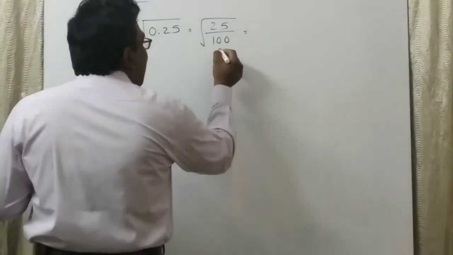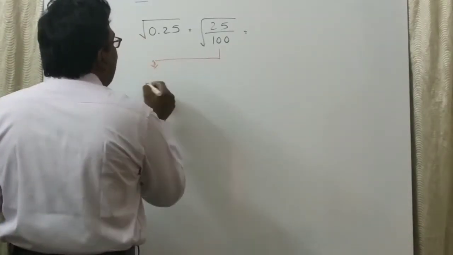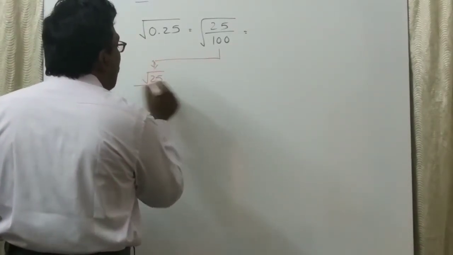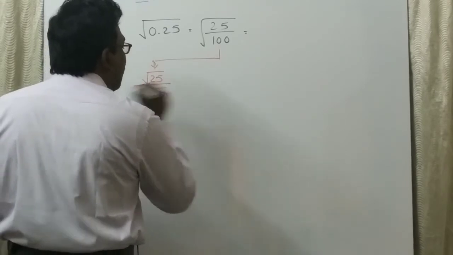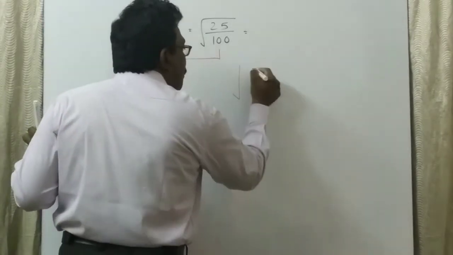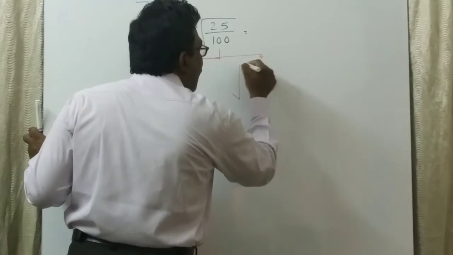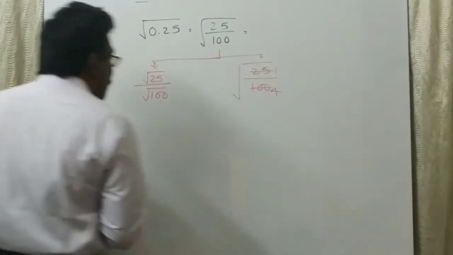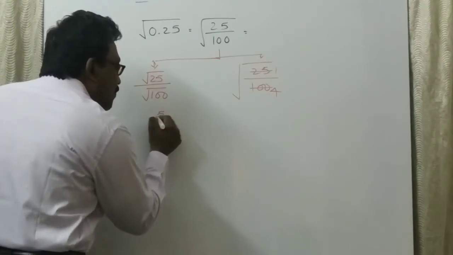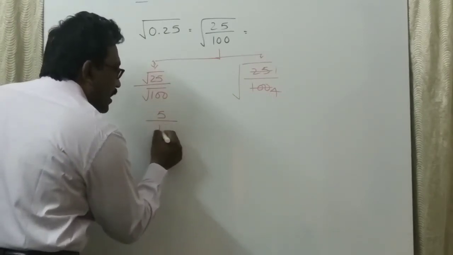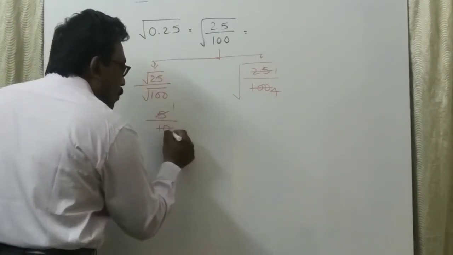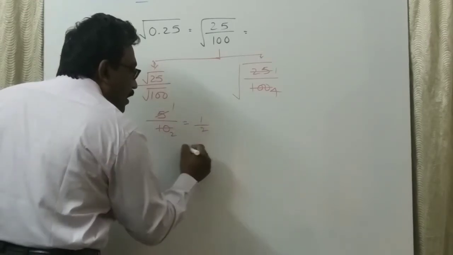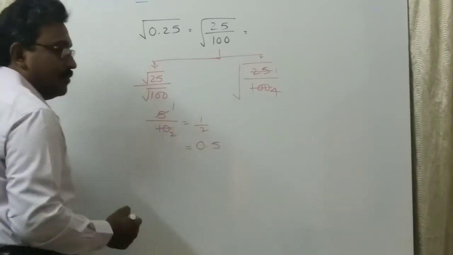One is you can directly apply the separate root for both numerator and denominator, or else you can cancel by 100, that is 4 times cancel. Root 25 value is 5, root 100 value is 10, that is 1 by 2, which is 0.5.